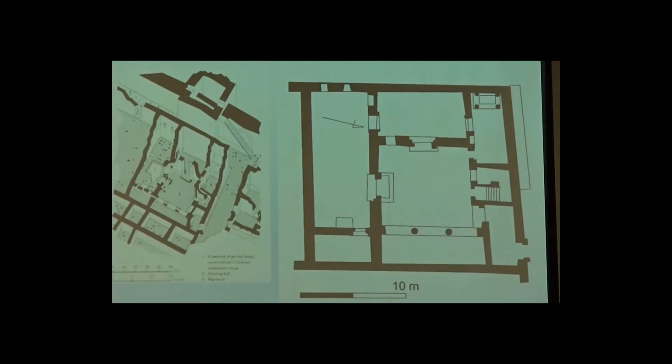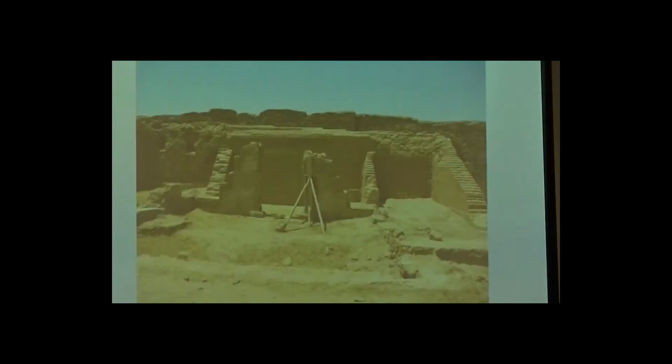I think it was 2013 maybe, I may be wrong on that, so don't hold me to it. But if you look, there's a central courtyard, and then there's a baptistry you can see from the legend there. I actually have a picture from before the bombing. I don't know if it still remains. But this is from Dura Europos, and this is what we have uncovered archaeologically from the Christian meeting house.